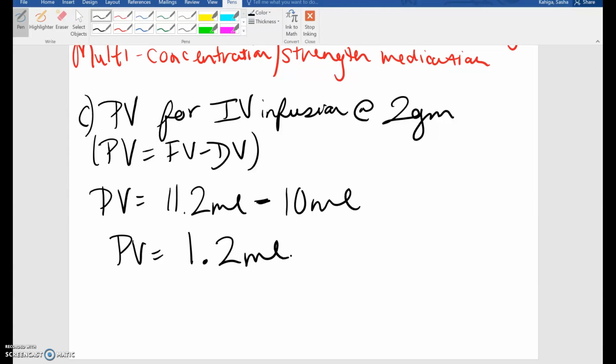All right, so a couple of things that I want you guys to remember is that your powdered volume never changes. In this case, you may say, well, Miss K, my powder volume did change.